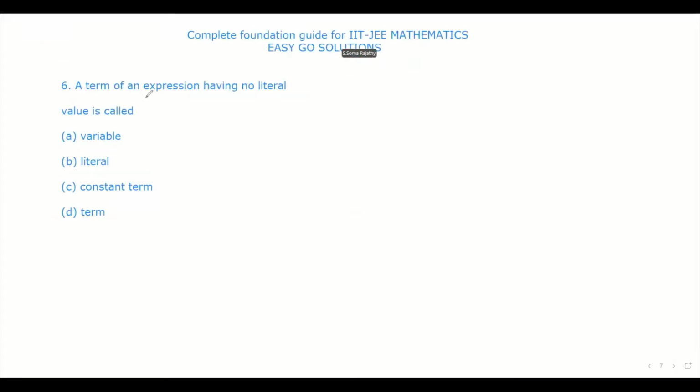Next question. A term of an expression having no literal value. As I said in the earlier sum, if you have 7x, x is the literal coefficient of 7.